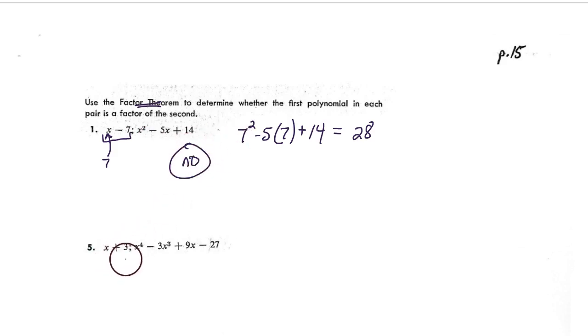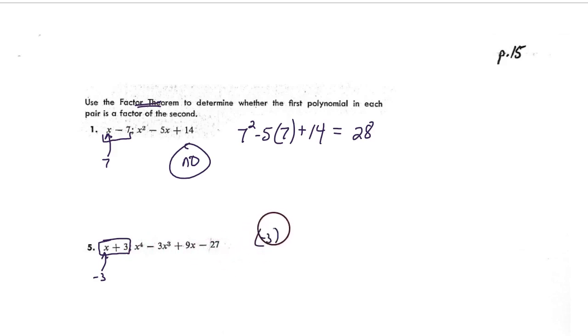Okay, number 5. We don't want to use long division to divide this into this. That'd take a long time. So the faster way is with the factor theorem. First of all, what value of x makes that turn out to be 0? That would be negative 3, because negative 3 plus 3 is how you get 0. So let's fill in negative 3 into this and see if it really does make 0.